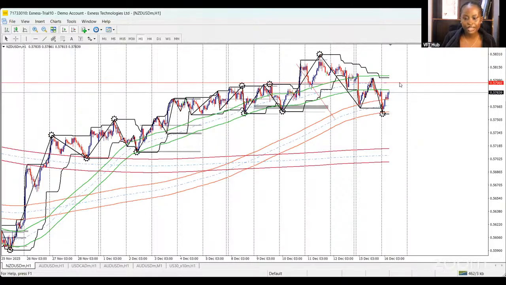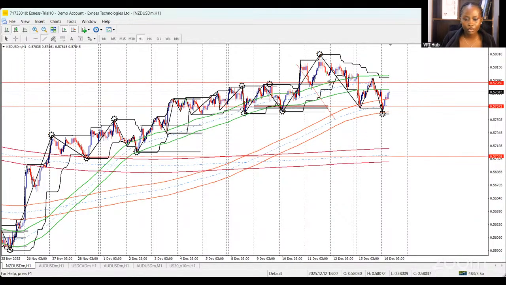I'm going to mark this as a zone that could serve as resistance to hit price and maybe continue down. Because looking at H1, you see that we've seen another change of character to the downside. If price hits this resistance at 0.57960, we could see a temporal push of NZD/USD into the zone or even this zone.